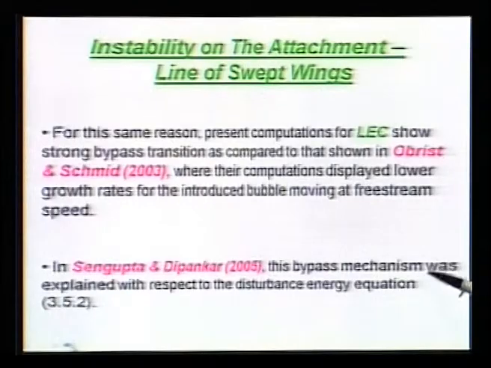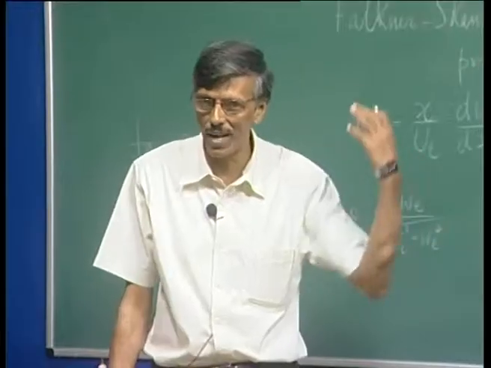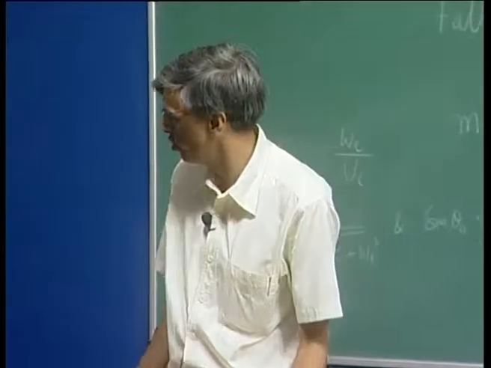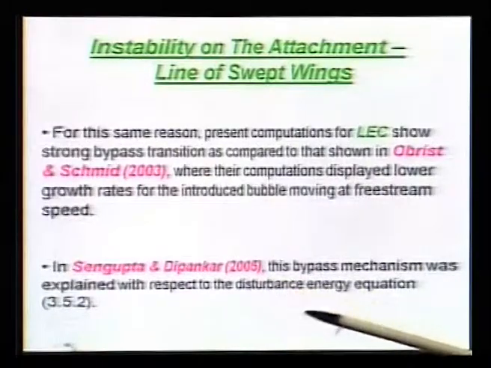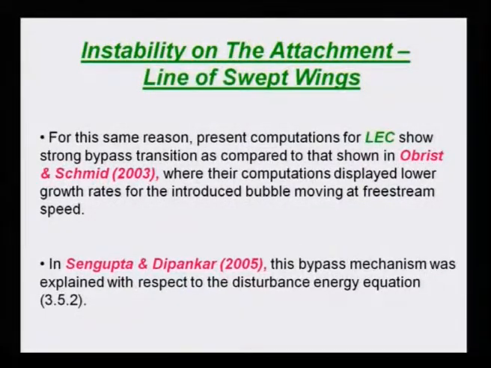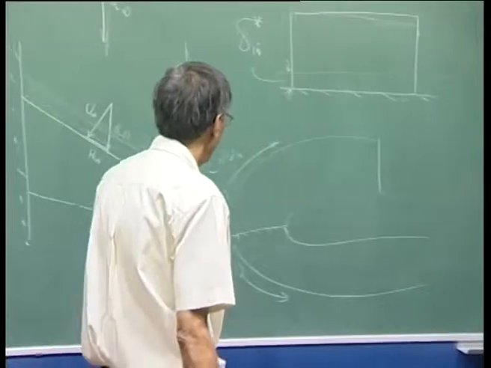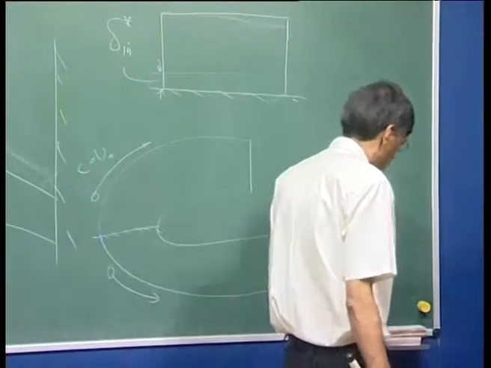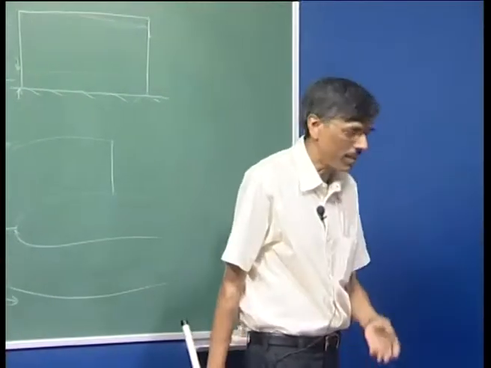What we did was in the attachment line plane itself, and we can show that disturbance energy does get created significantly if you do convect the vortex which is not going at this speed. So, I think we will stop here and we will take up from this point in the next class.